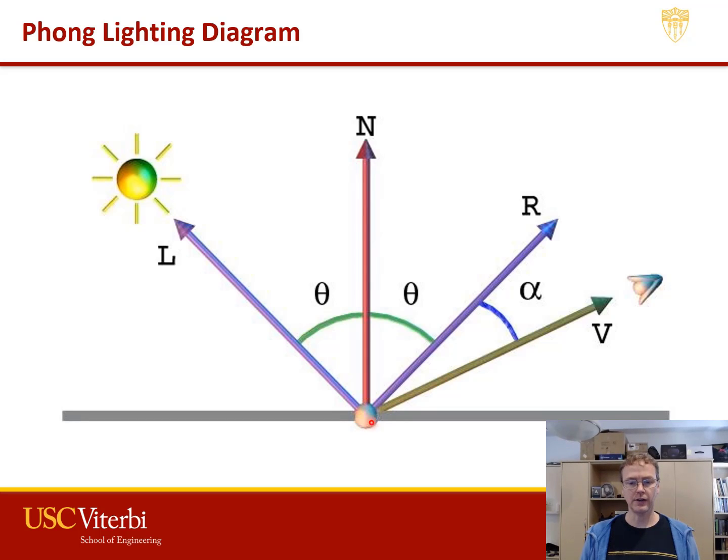Where are we going to get the position of the pixel in world space? We don't have that right now. But back in the vertex shader, you briefly did have the world position of the vertex, right?